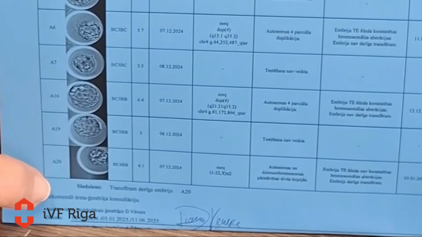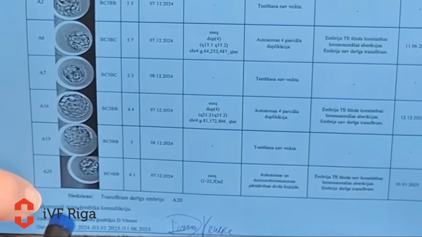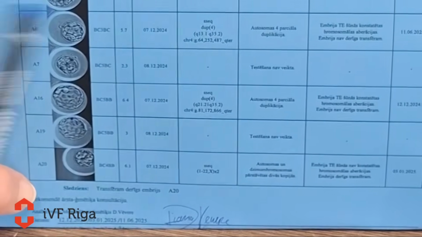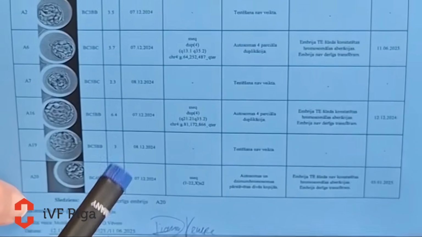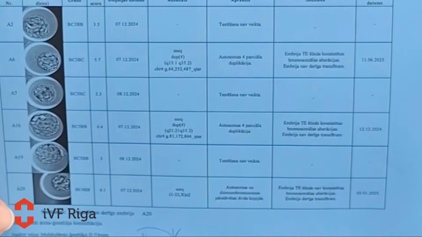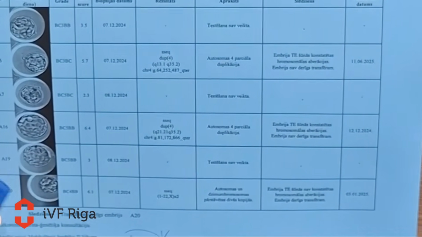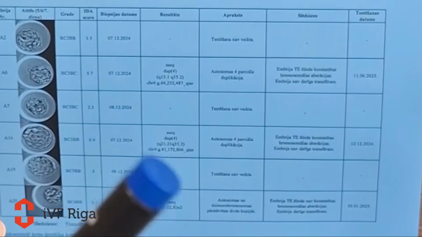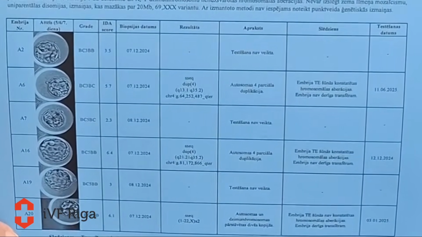One of the embryos has the normal number of chromosomes. This embryo has a high potential for implantation and pregnancy development, and 2 of them have errors in the chromosomes, which probably gives failed implantation or a light biochemical pregnancy. So in the end, no pregnancy. So the conclusion: examination of the embryos and controlling the 3 parameters of the embryos significantly increases the chances of getting pregnant after IVF treatment.